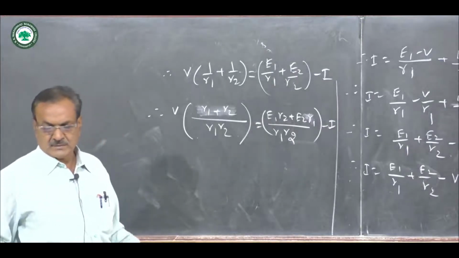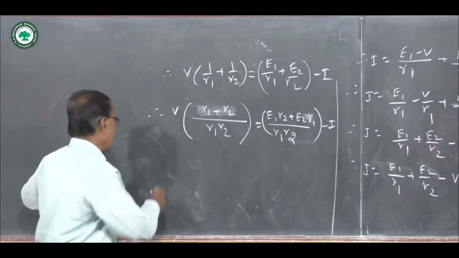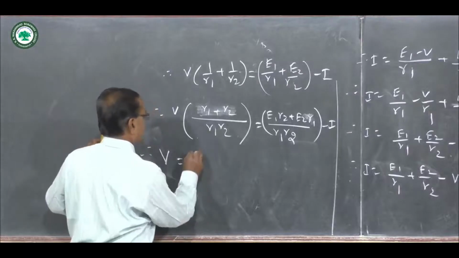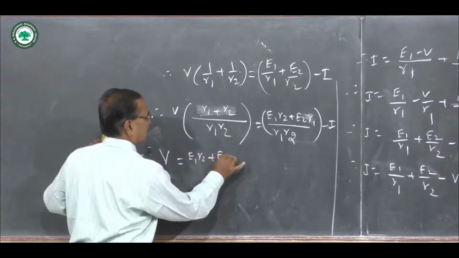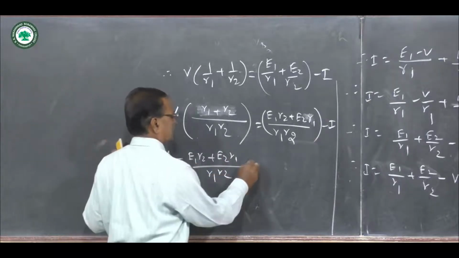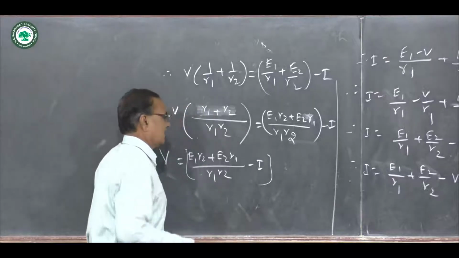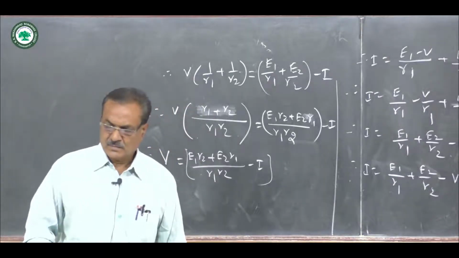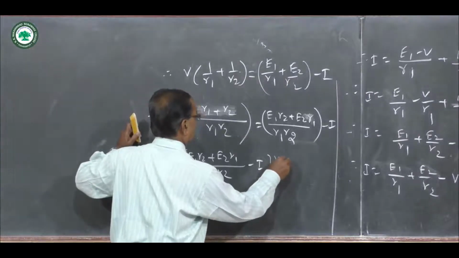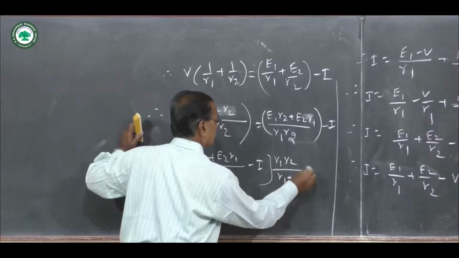Or also you can write these terms, V is equal to E1 R2 plus E2 R1 upon R1 R2, minus I into R1 R2 upon R1 plus R2.